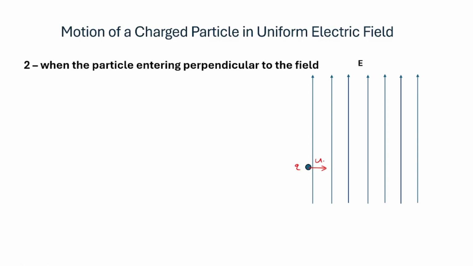So whenever it enters the field, it will experience a force due to the electric field, and so its velocity in the direction of field will be increased, but there is no force in perpendicular direction, so the velocity in perpendicular direction will always be constant.